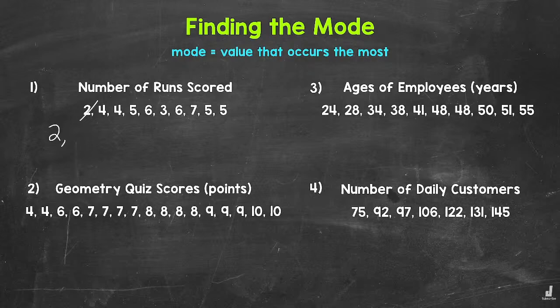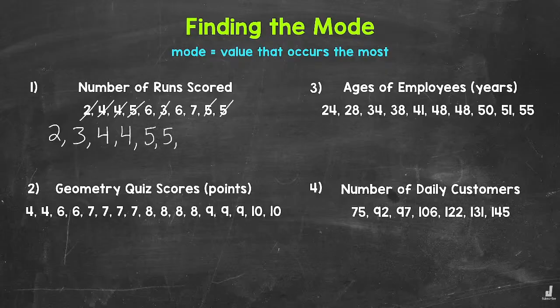We have one 2, one 3, two 4s, three 5s, two 6s, and then we end with one 7.